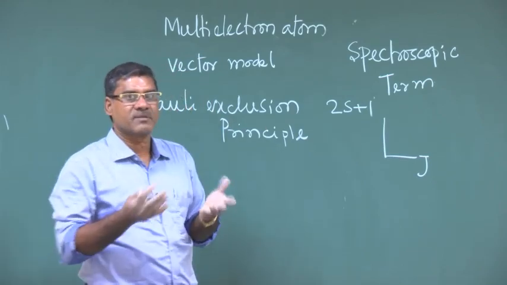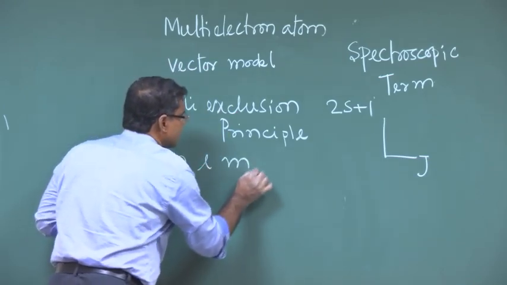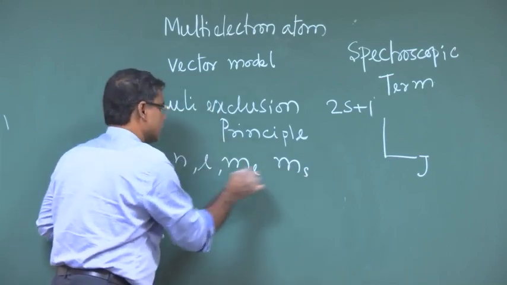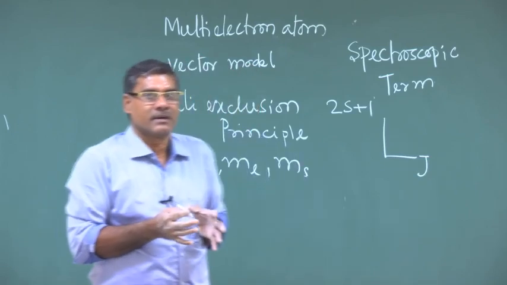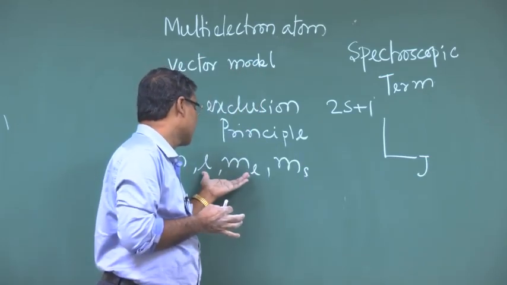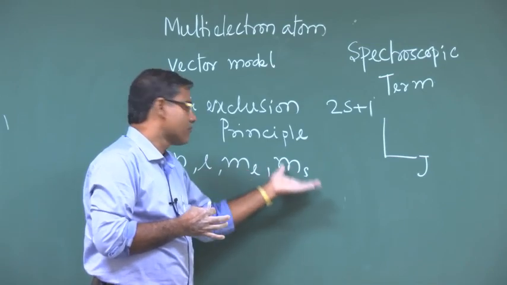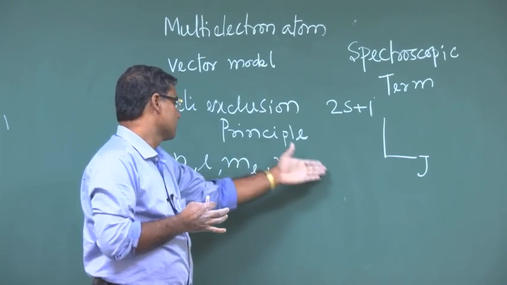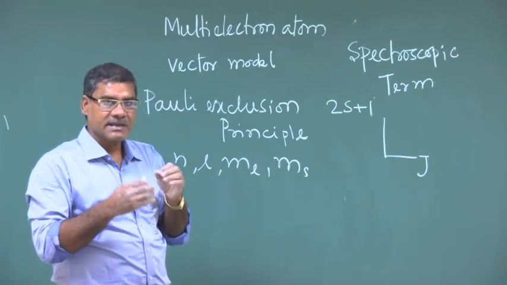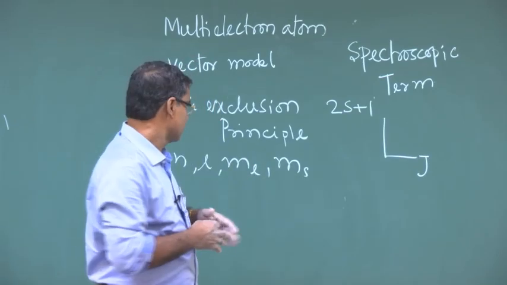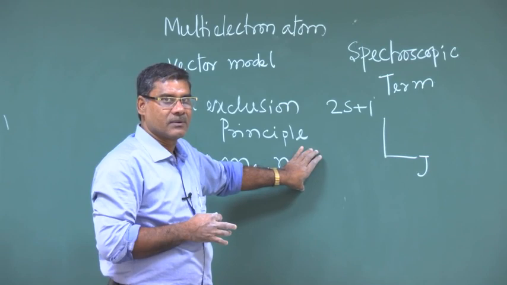It is defined in different ways basically: N, L, Ml, Ms. No electron can have the same quantum numbers N, L, Ml, Ms. So, each electron has distinct quantum numbers.